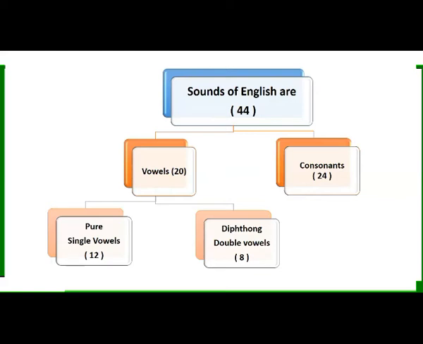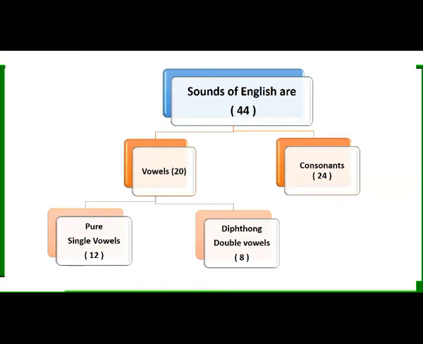As we know, we have 5 vowel letters, and from these 5 letters we can make 20 vowel sounds. We can divide these vowel sounds into single vowels, or monophthongs, and diphthongs that have double vowels.